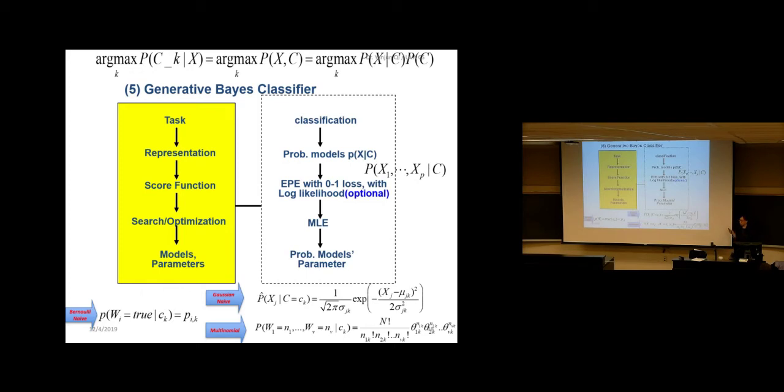Now after we finish the connectionist coverage of deep learning, we move to Bayesian, and we cover the generative-based classifier. This crowd is rooted in statistics, so it's relatively mathematically intense, but I think these are very good.